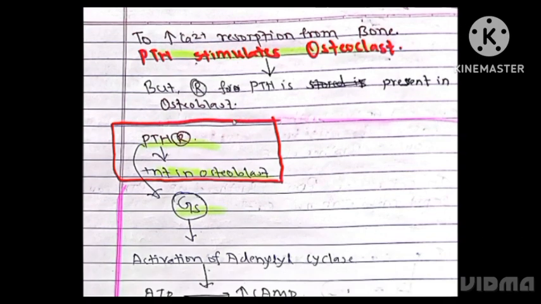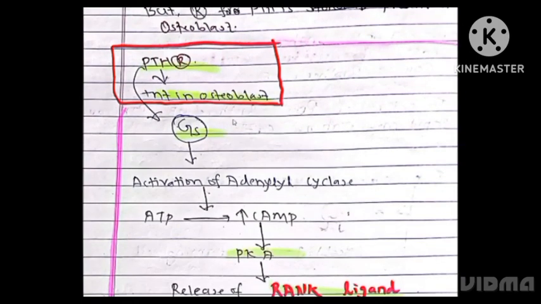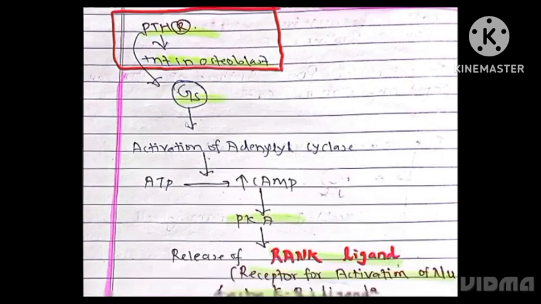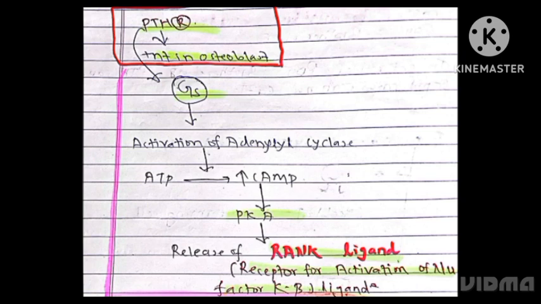Let us see the mechanism of action of parathyroid hormone. Parathyroid hormone receptor is present in osteoblast. First, this parathyroid hormone binds to the receptor in the osteoblast, which is G-stimulatory. First of all, there is activation of adenylyl cyclase, which causes conversion of ATP to cAMP.